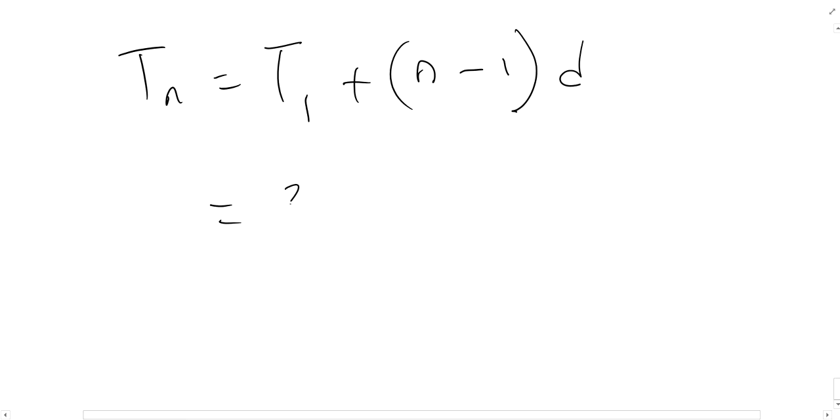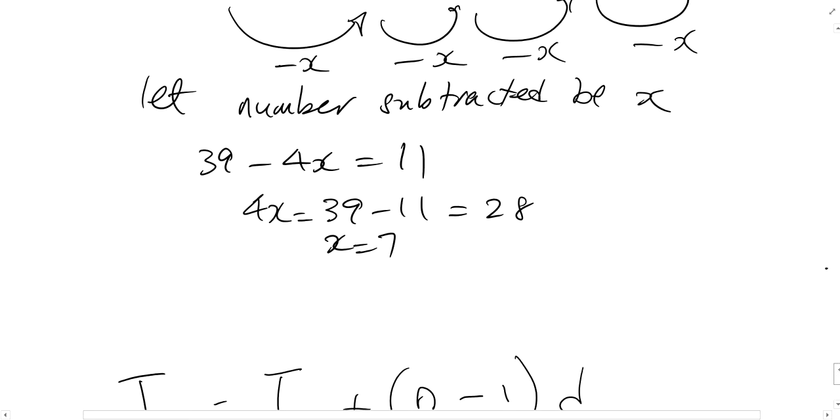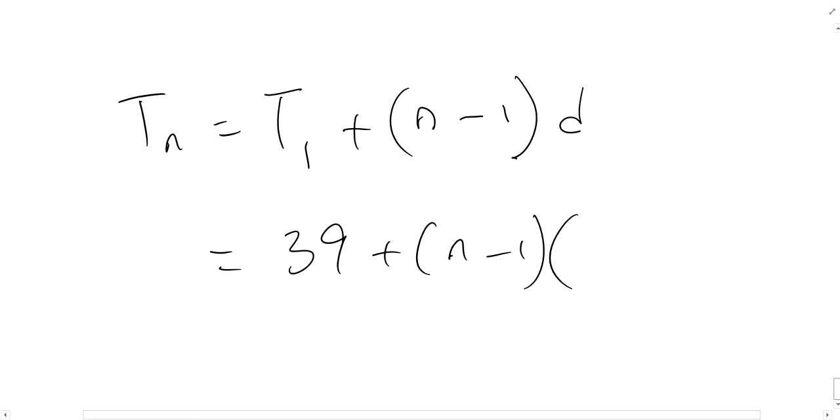The nth term equals T1 plus (n minus 1)d. So I'm going to write down the nth term right now. What is the first term in the sequence? 39 plus (n minus 1). What is the difference?